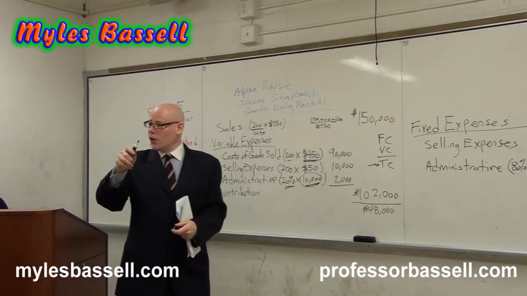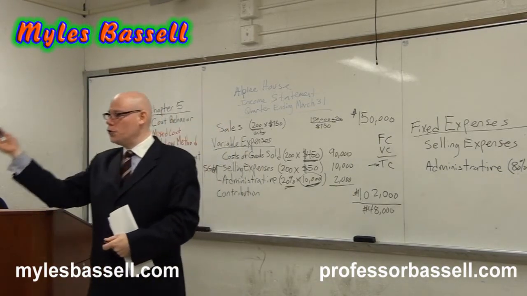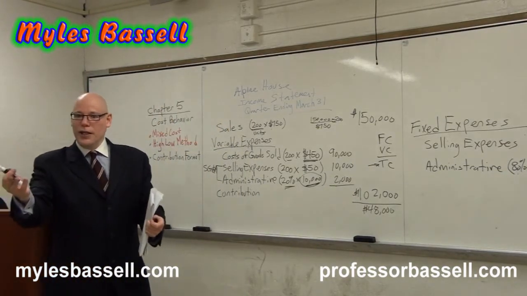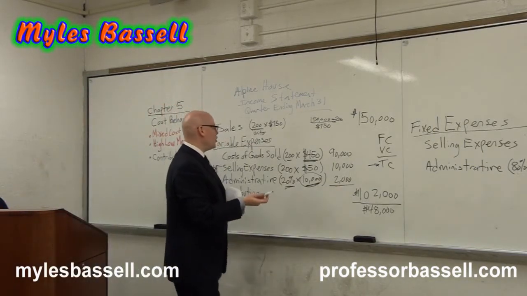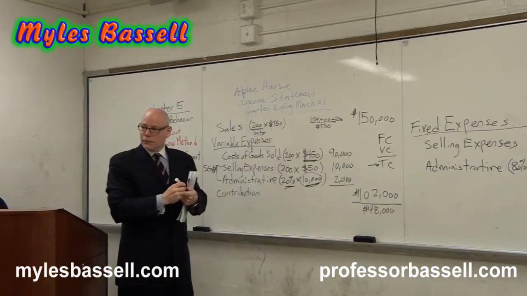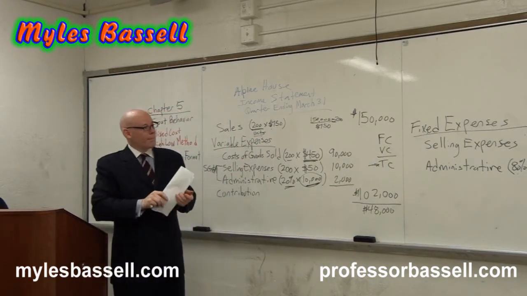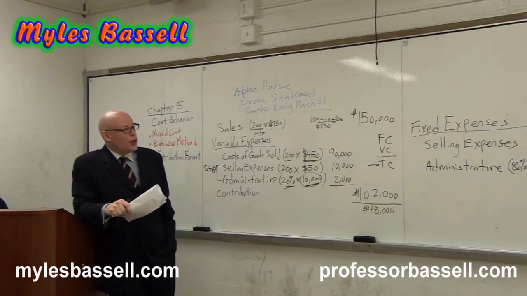As the level of activity increases, either the number of units sold or the number of units produced, our cost is going to increase. Then we need to know the number of units, which in this case they didn't tell us, so we have to figure that out. So now our total cost is 130,000.